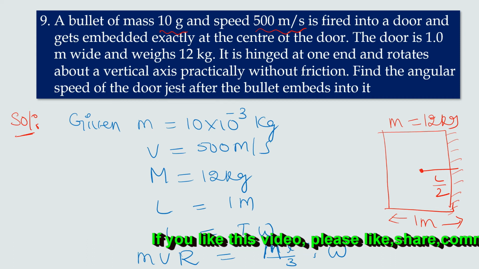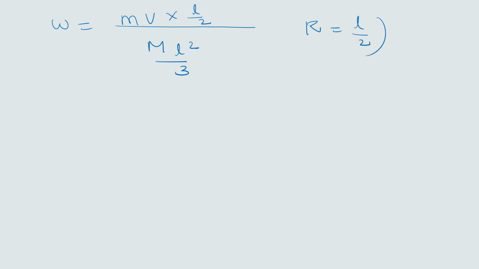Now omega is equal to m v into L by 2 by M L square by 3. Here we are substituting R is equal to L by 2.